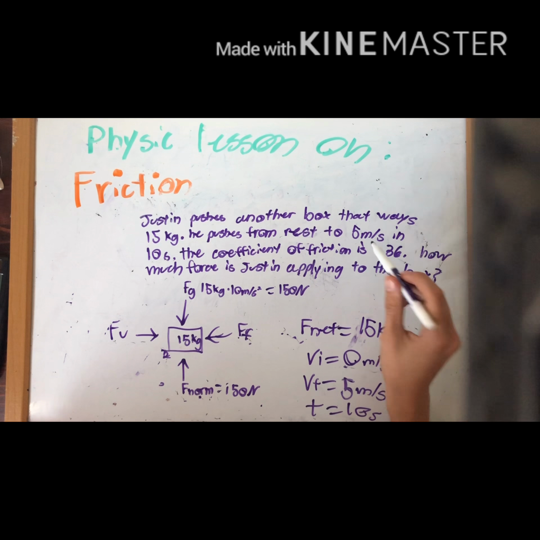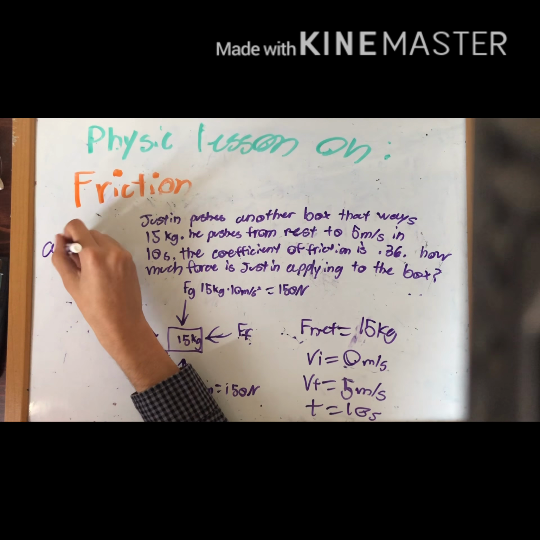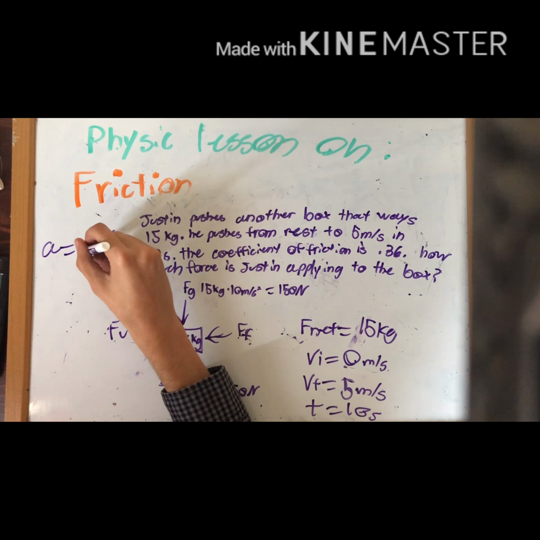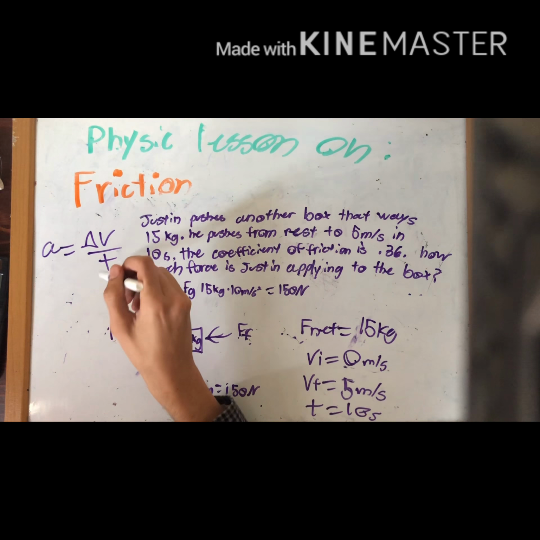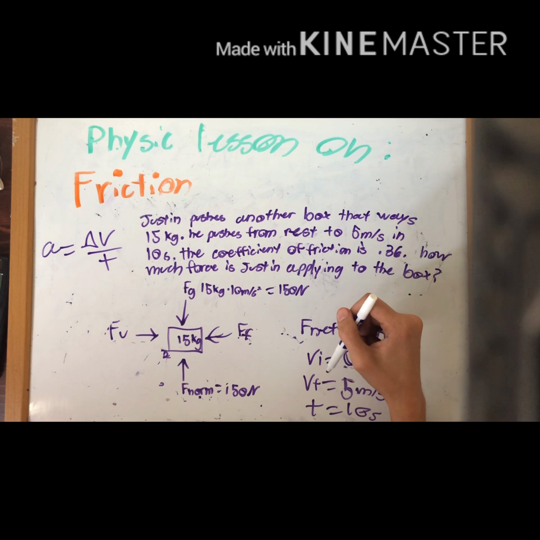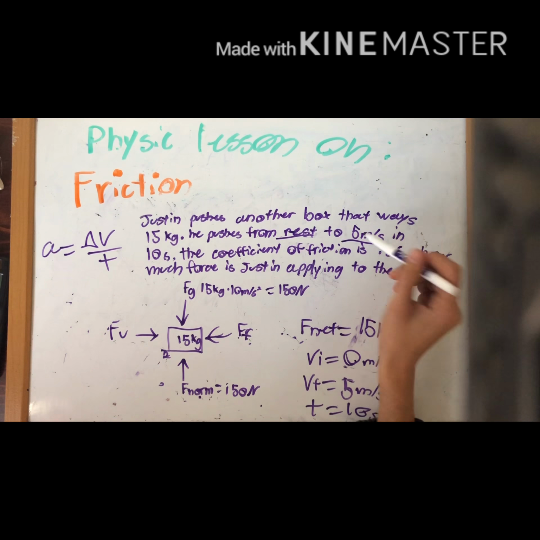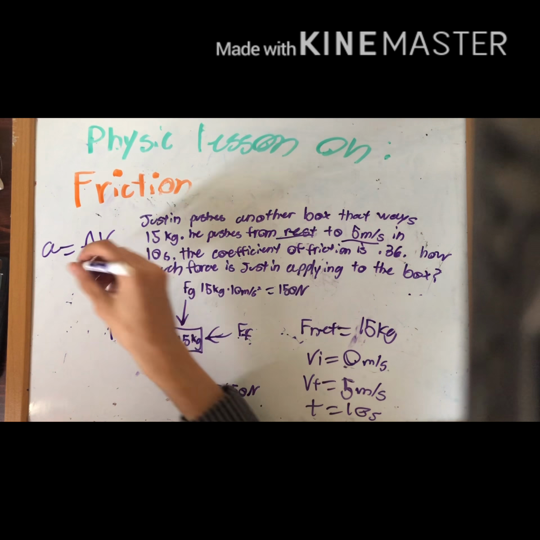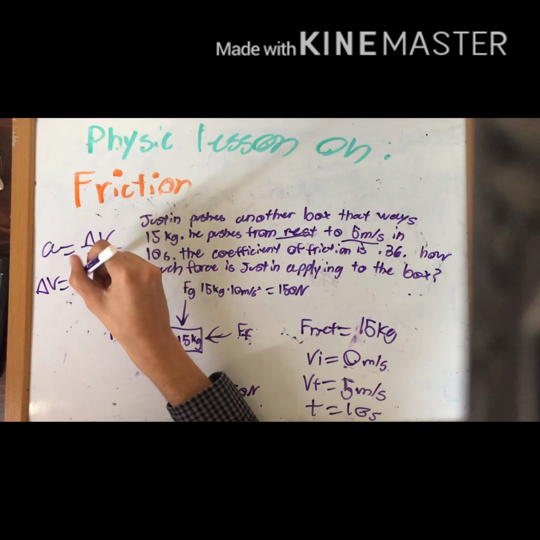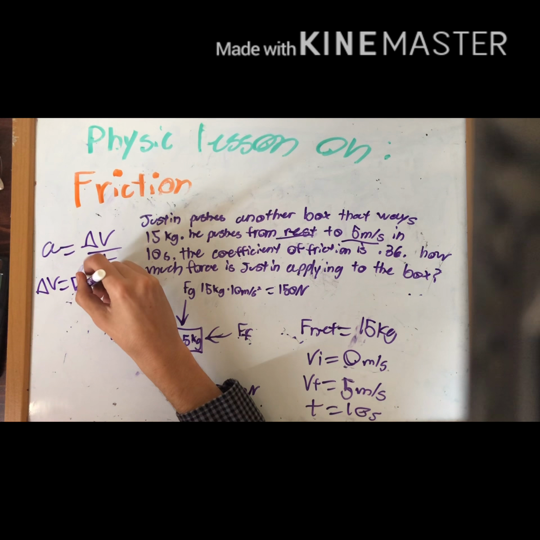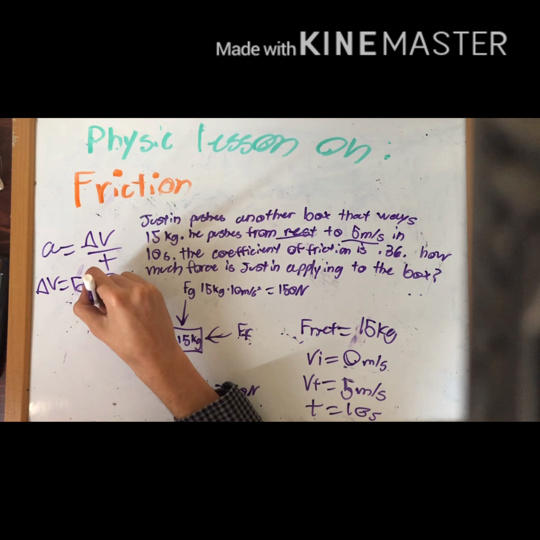In order to finish our force equals ma formula, we need to find acceleration. This problem gives us an initial velocity, a final velocity, and a time, which is what we need to find acceleration. Acceleration equals the change of velocity over time. We know our VI is 0 because the object starts from rest, VF is 5 because it goes up to 5 meters per second, and our time is 10 seconds. To find the change of velocity, we take our final velocity and subtract our initial velocity, which is 5 minus 0, giving 5 meters per second.